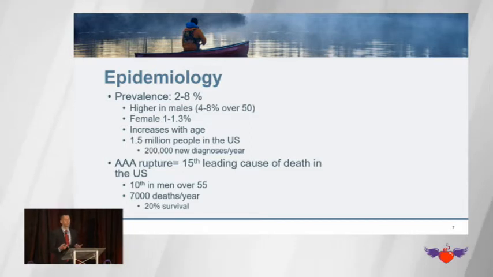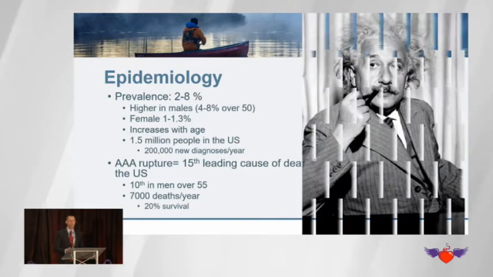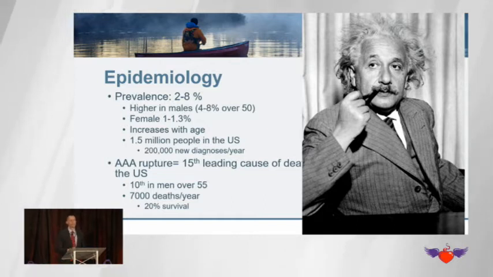That's why it's important to identify it, so we can hopefully treat it and prevent these deaths from happening. You might recognize this gentleman, Albert Einstein. He actually died of a ruptured abdominal aortic aneurysm in 1955 when he was 76 years old. Surgery for abdominal aortic aneurysm was really in its infancy at that time, so he may have been able to live longer.